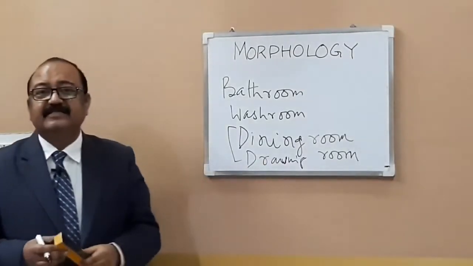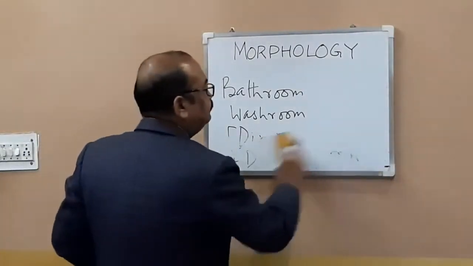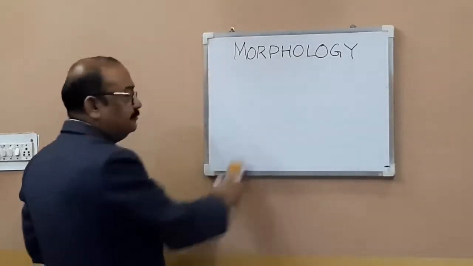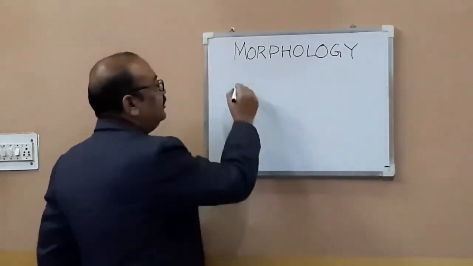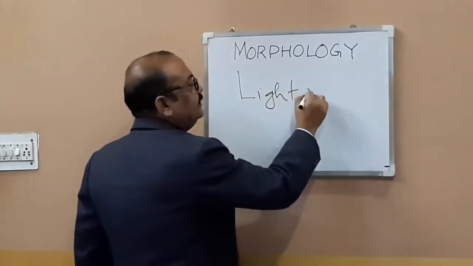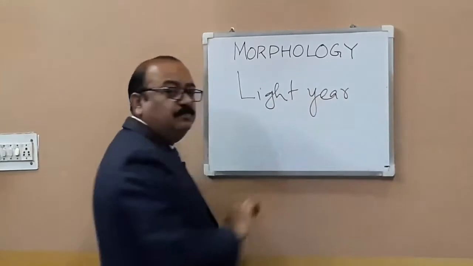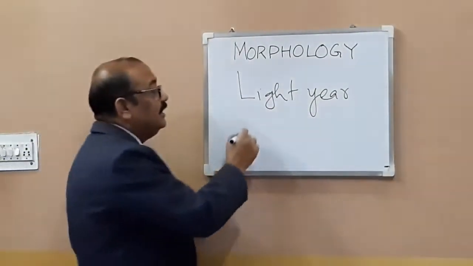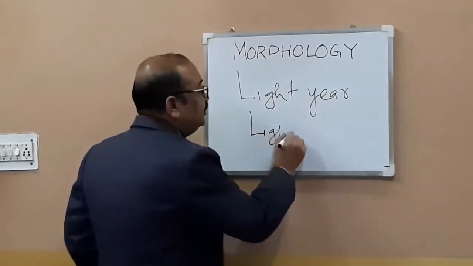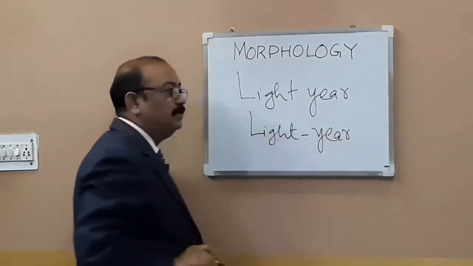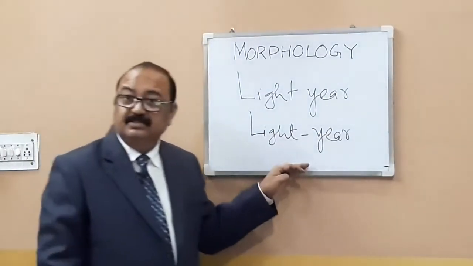And in this example, I can cite here, say, light year. Now, light year, I hope you know, is written as an open compound word. But light year is also written as a hyphenated compound word.